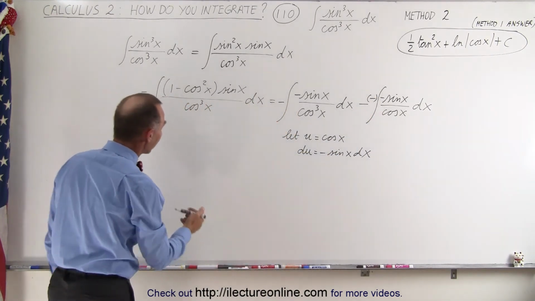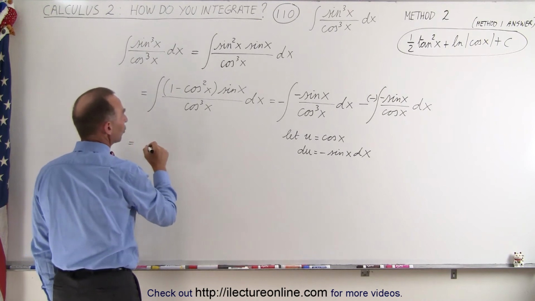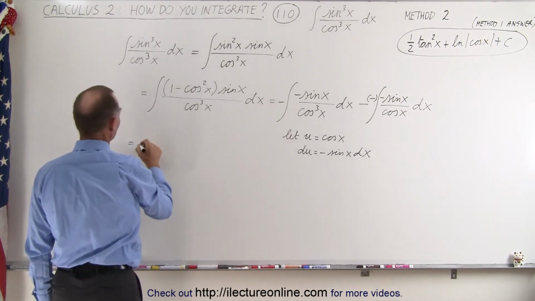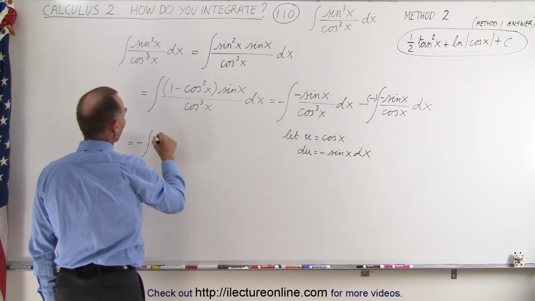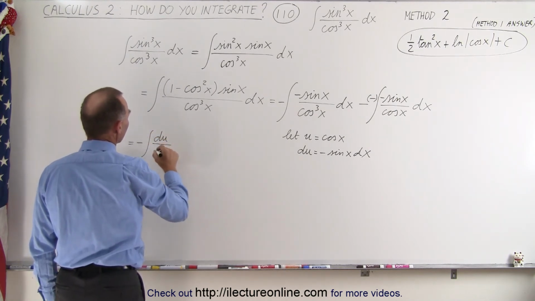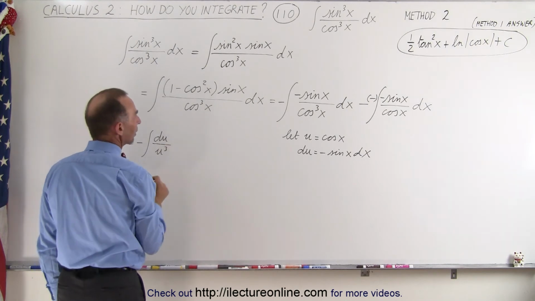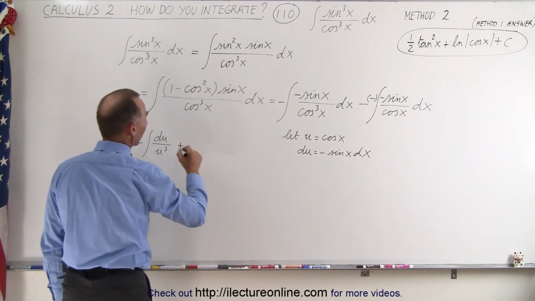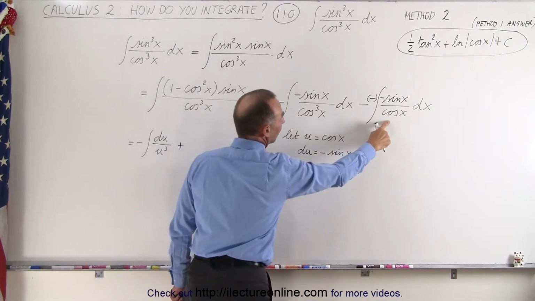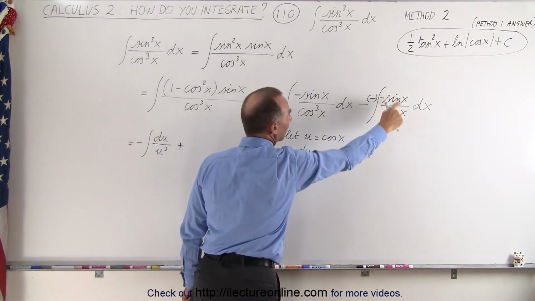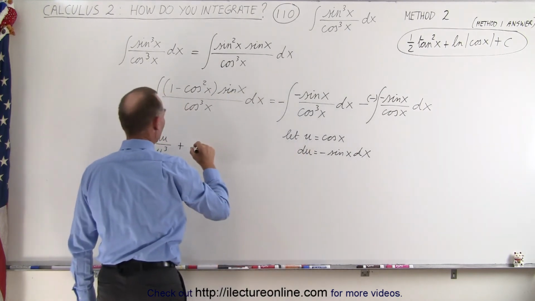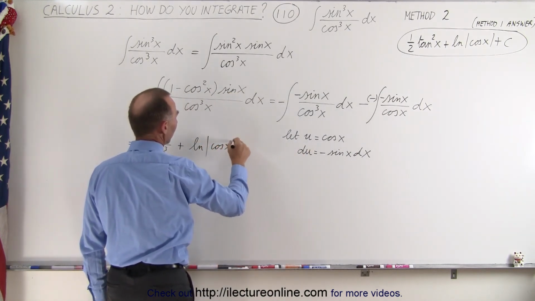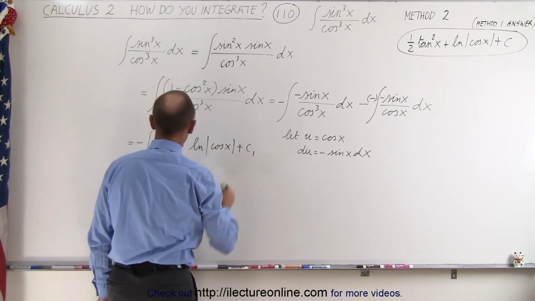So now we're ready to integrate. This becomes equal to, let's see, the two negatives. Well, this negative is still there, so we have the negative of the integral of du divided by u cubed over here. And then we have a minus times a minus, that gives us plus. And here, since we have the du in the numerator and a u in the denominator, that becomes plus the natural log of the cosine of x, plus a constant of integration.